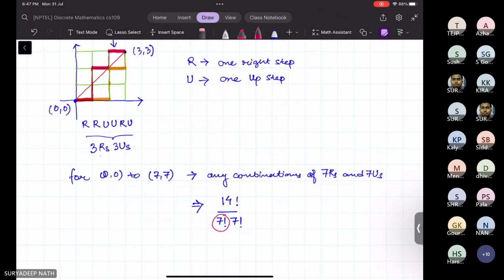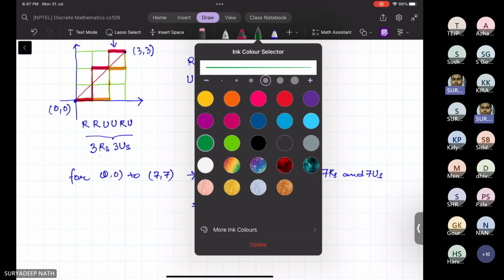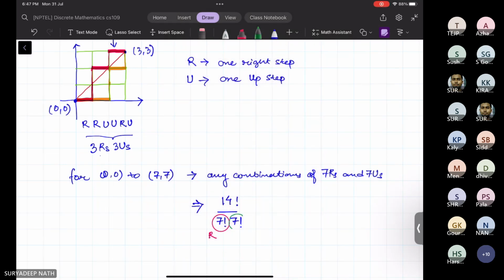This is for R, this is for U, and this one over here is for R plus U. So there would be 14 steps in total. It will be composed of 7 R's and 7 U's, but we do not know in which order they will be. Someone is asking why did we use 14?